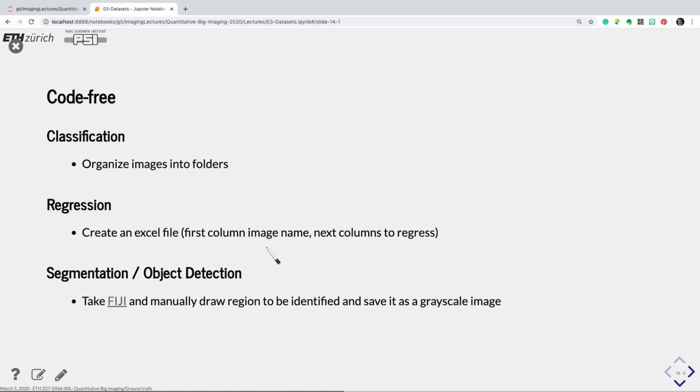The other one is to create an Excel file, just a table saying file name has this feature, file name corresponds to this value. What you can also do is go in using an image processing tool like Fiji, and mark regions with a mouse and identify them, and then you will get a second image that has all the labels in it.